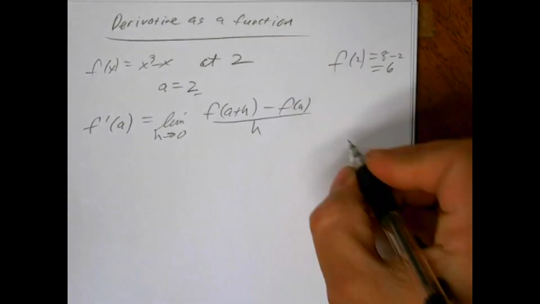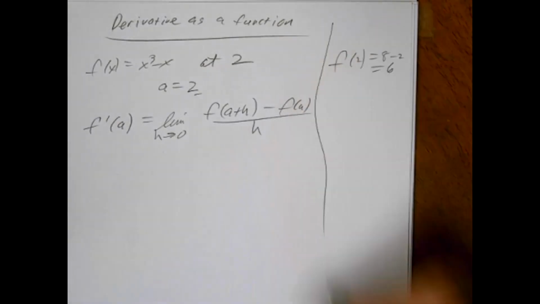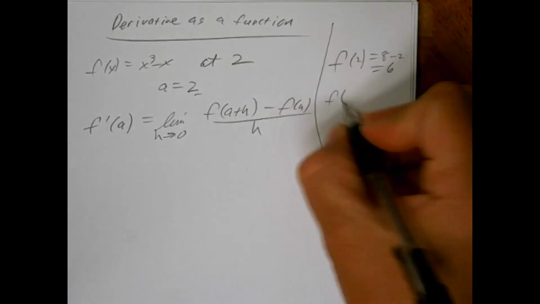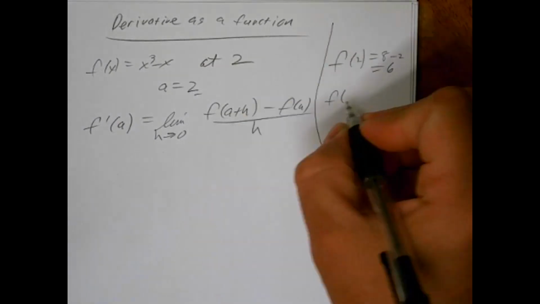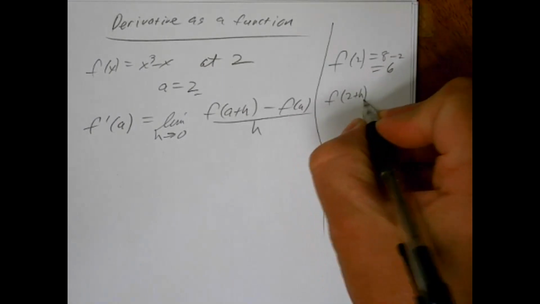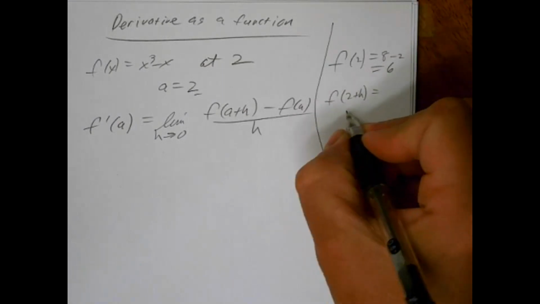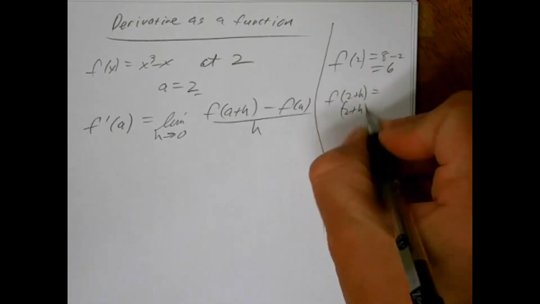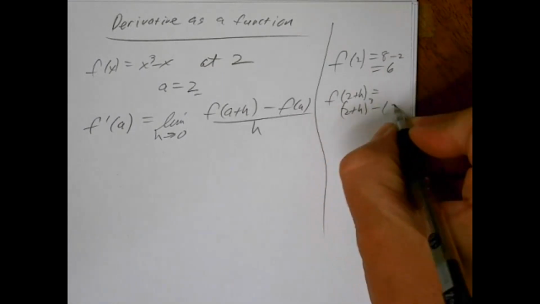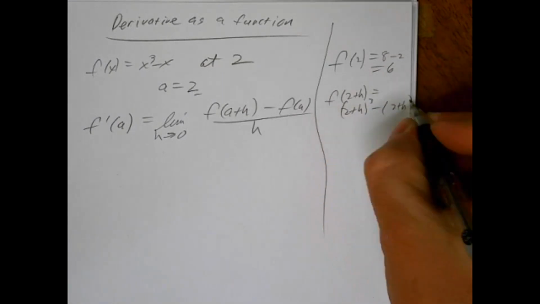And then also off to the side, f of a plus h would be f of 2 plus h, which is 2 plus h cubed minus 2 plus h.